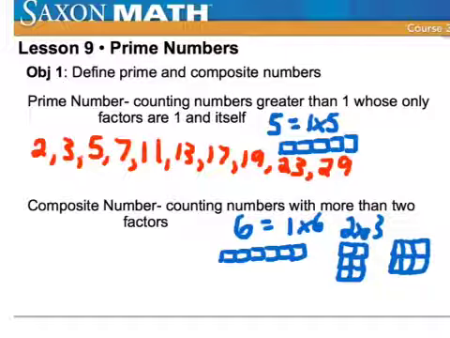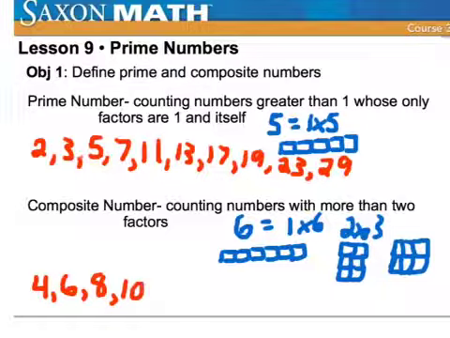And then, let's name the first 10 composite numbers. First 10 composite numbers are 4, then 6, then 8, and then 10, then 9. Sorry, let's erase that. 9 is a composite number because I could take 1 times 9 or 3 times 3.